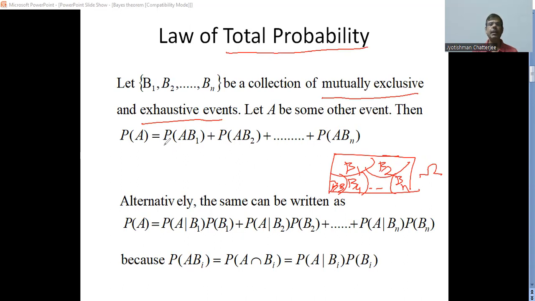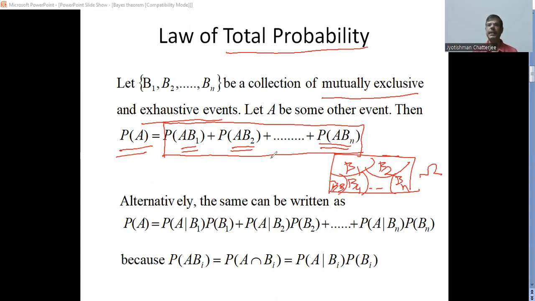In that case, the probability of A nicely decomposes into n terms. It is the summation of n probabilities, namely probability of A intersection B1 plus probability of A intersection B2 plus ... probability of A intersection Bn.